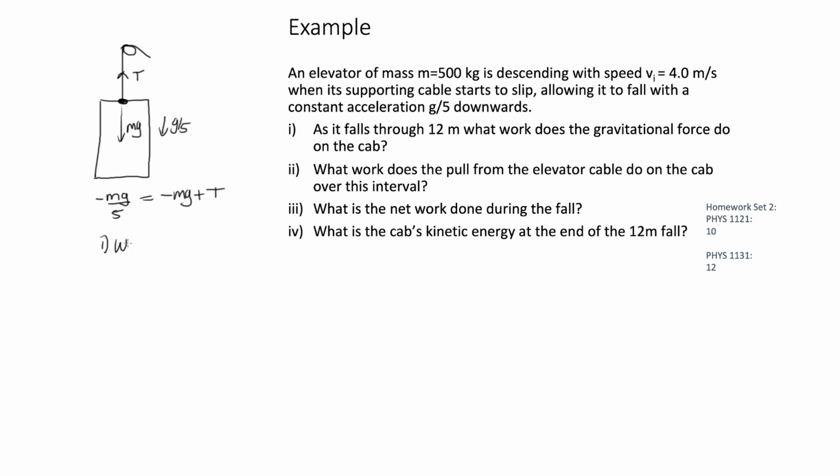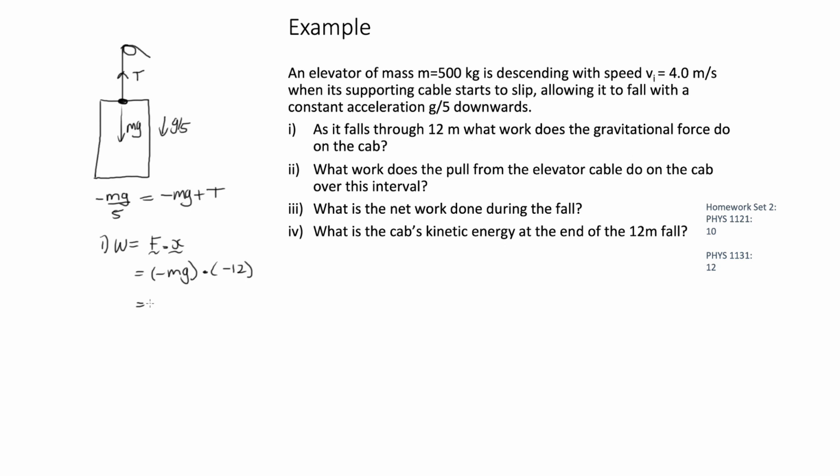Okay, so the work done is equal to F dot x. In this case, the force is the gravitational force, so that's minus mg. And the displacement we're told is the 12 meters. Now that is actually downwards because it's going down, so it ends up with a lower height than initial height. So we've got minus 12 in there.